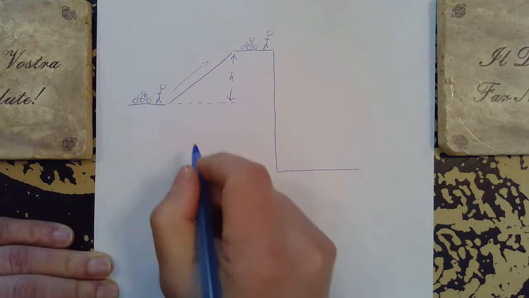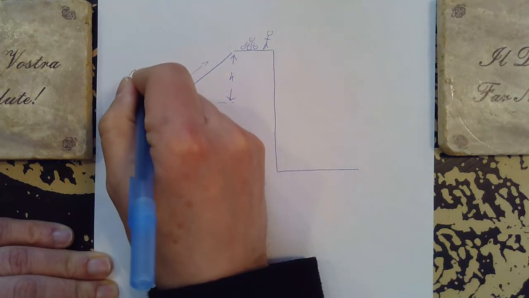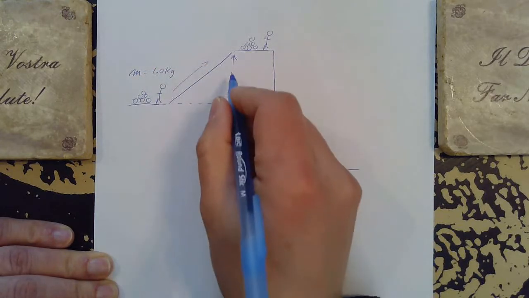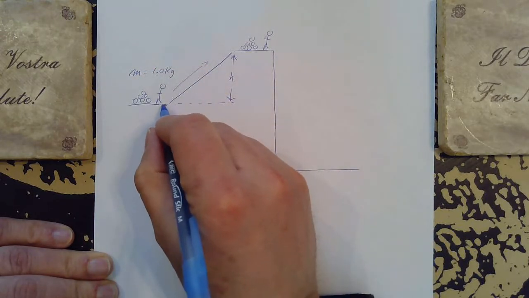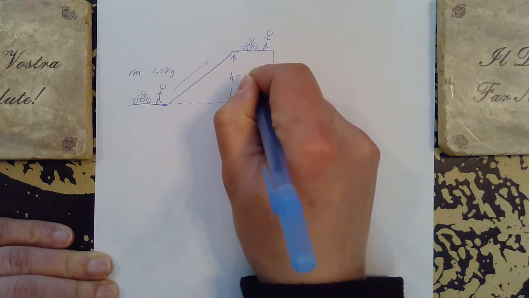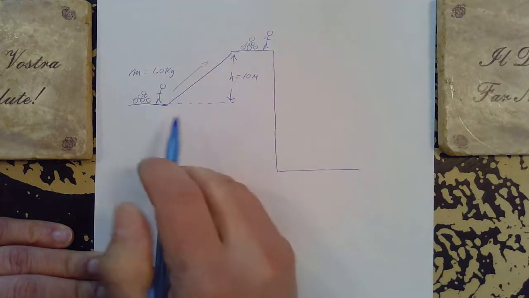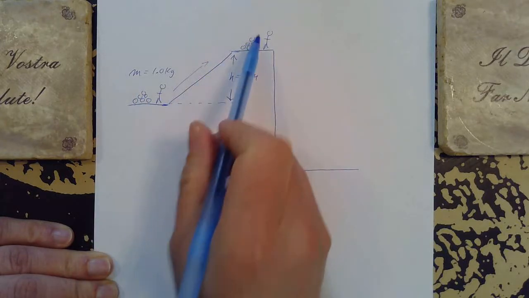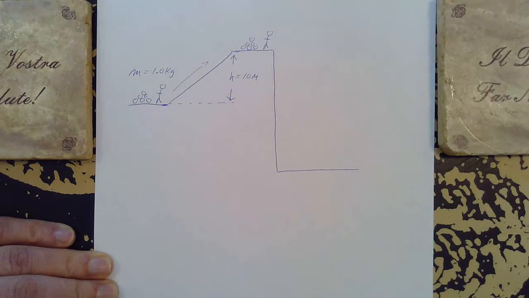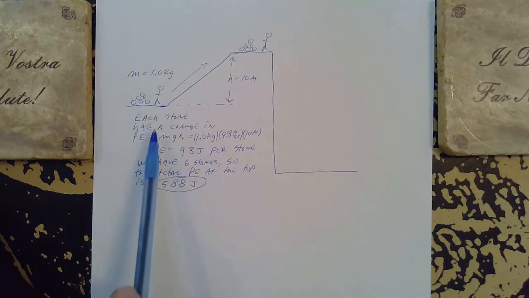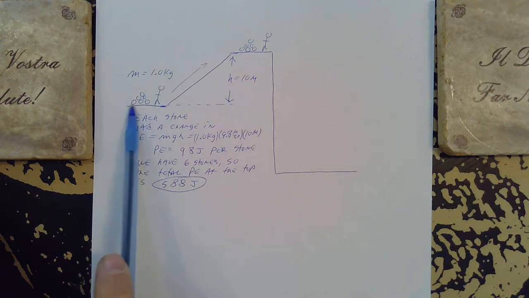Each one of these stones, let's say, has a mass equal to 1 kilogram. If the height from this point up to here is 10 meters, then we can figure out the change in potential energy for each one of these stones. At the bottom, the stones don't have any potential energy.